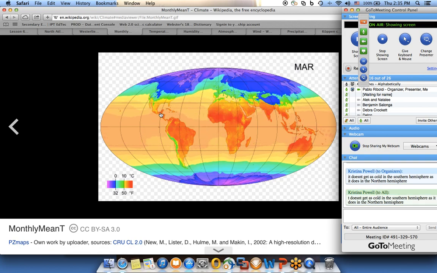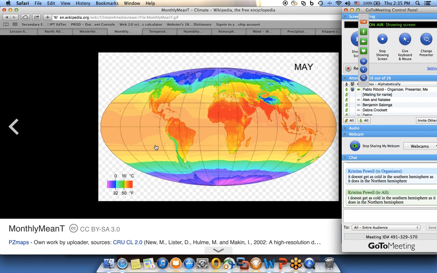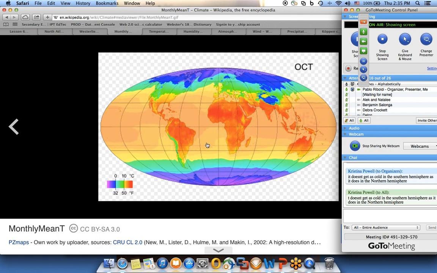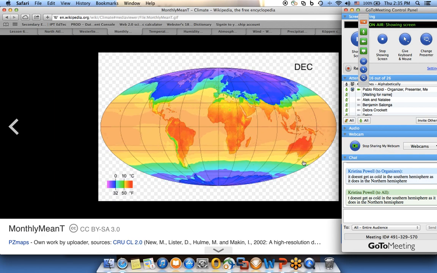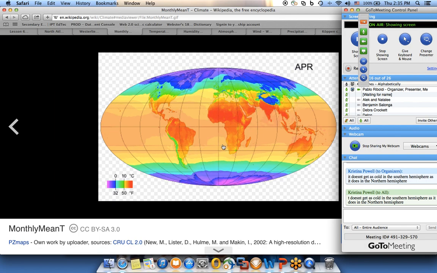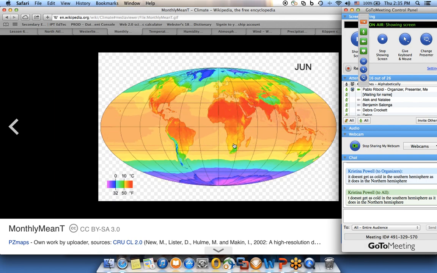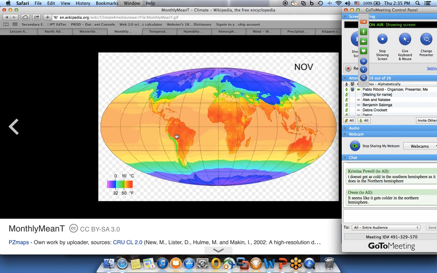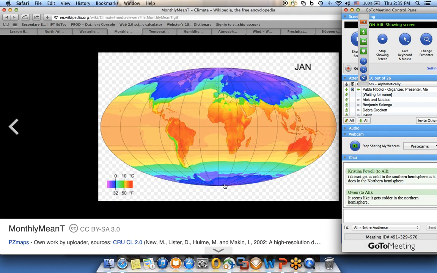You see that in the southern hemisphere is a lot of oceans. You have Australia, the tip of Africa, South Africa, and most of South America and Antarctica.